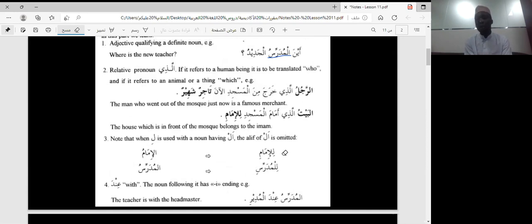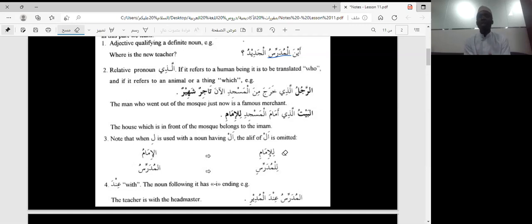Al-mar'atu or al-ummu, the mother, allati, who waqafat, stood, amama al-bayt, in front of the house. Imra'atun azizatun, or imra'atun tajiratun kabiratun.